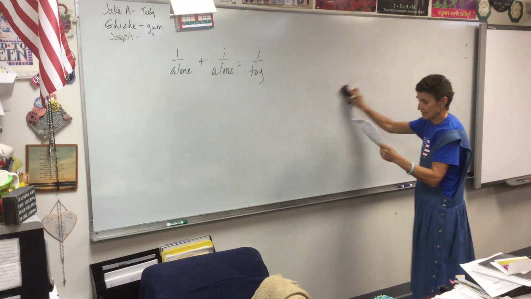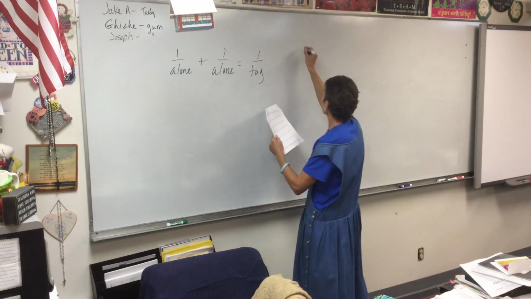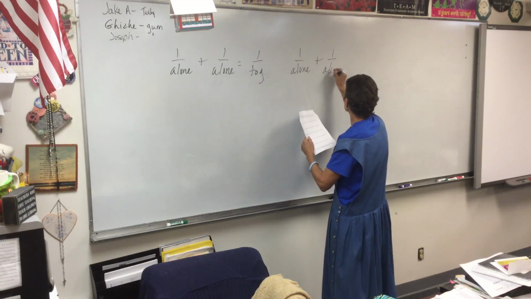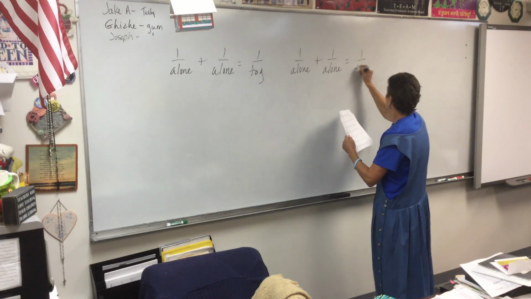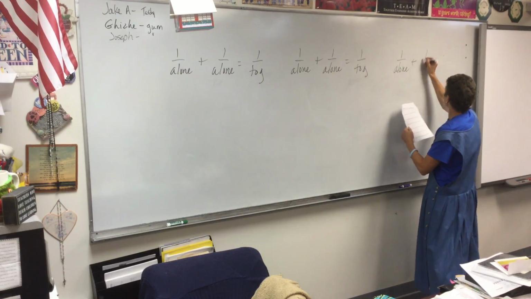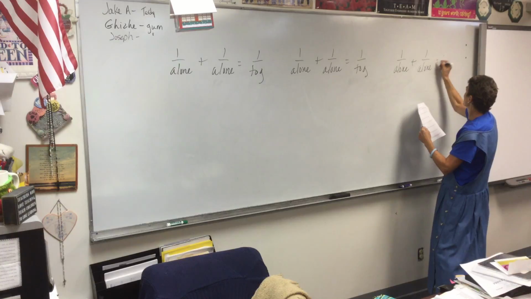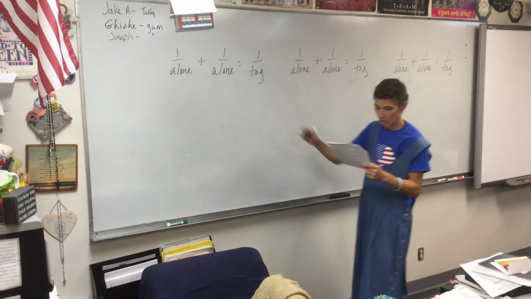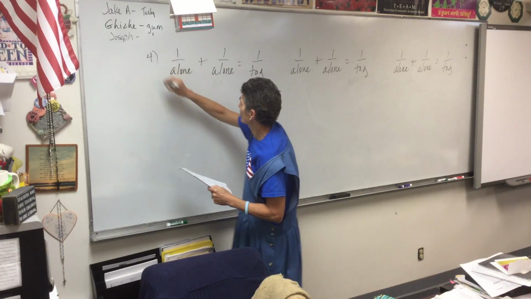They are all exactly the same kind of problems. 1 over alone plus 1 over alone equals 1 over together. These are problems 4, 5, and 6 on your word problem sheet.